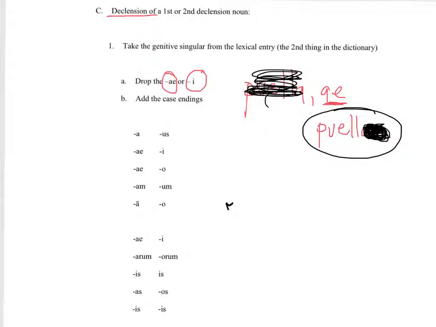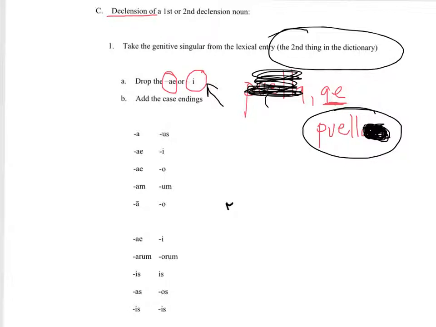And taking the second thing in the dictionary, you'll see, will be a theme of this podcast and of Latin in general. It's not a hard and fast rule for all of Latin, but in this podcast, you'll see that it shows up again and again and again. So it's an easy way to remember what to do. You take the second thing in the dictionary.